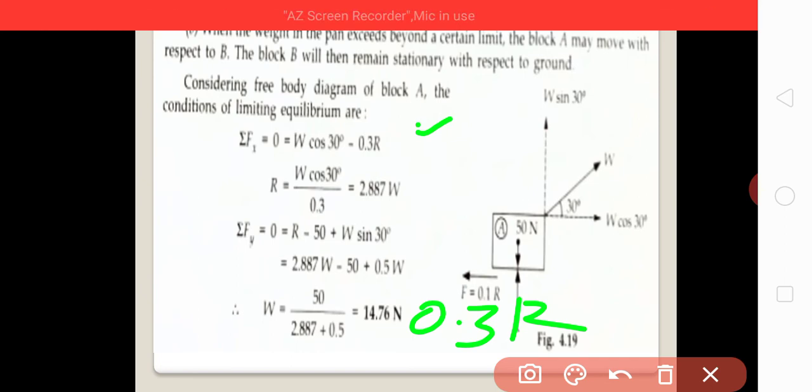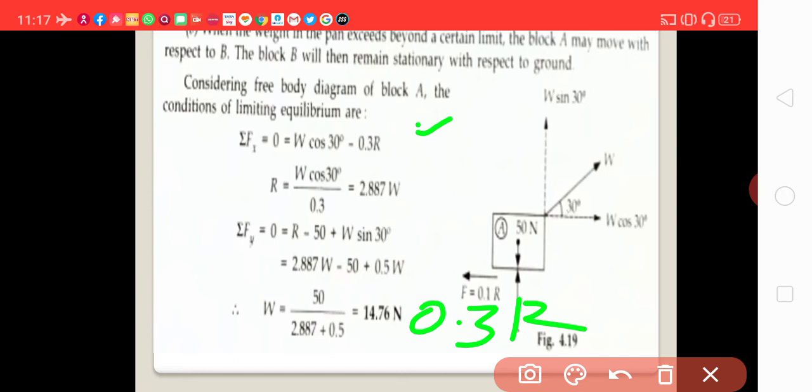R equal to 2.887 Newton. Now summation of vertical components is 0, R minus 50 plus W sin 30, which gives you W equal to 14.76 Newton.